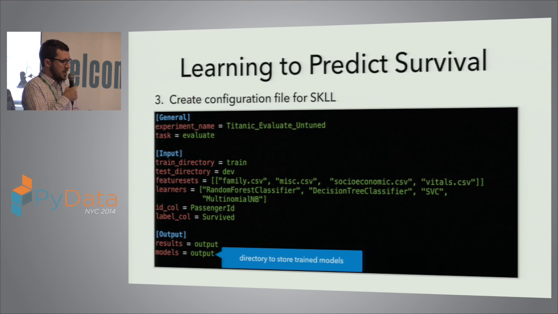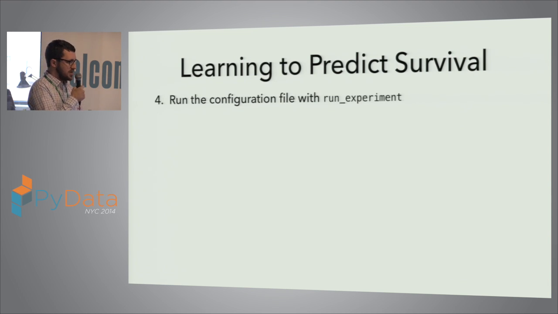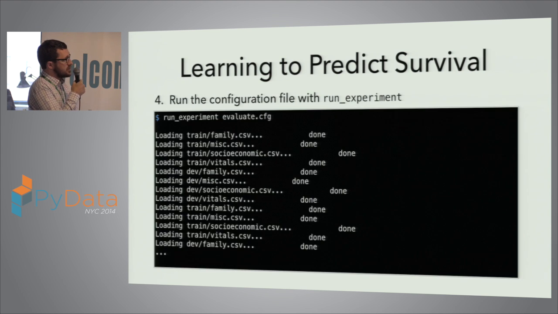So after we have this config file created, all we need to do is run it through this tool we have called run_experiment. And you'll see something like this where it'll just print out the loading messages over and over again if you're running this on your machine. And you might think, well, why are you wasting time loading the data files many, many times? Well, that's because one of the things with run_experiment is it was designed from the ground up with the ability to schedule a bunch of jobs on a DRMAA-compatible cluster.